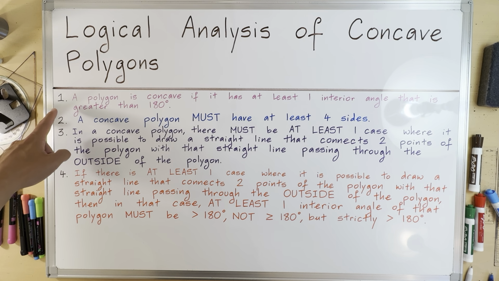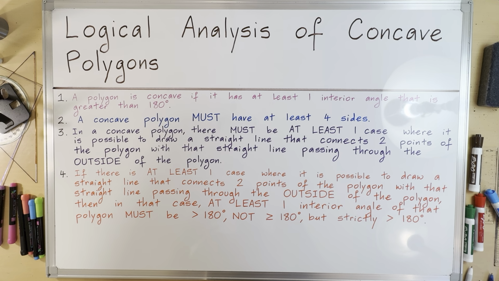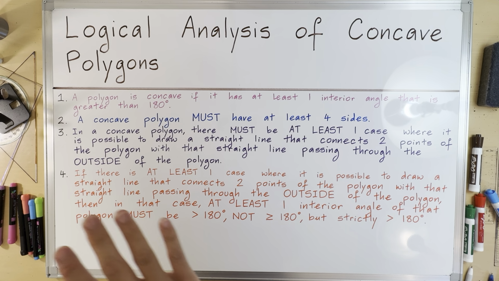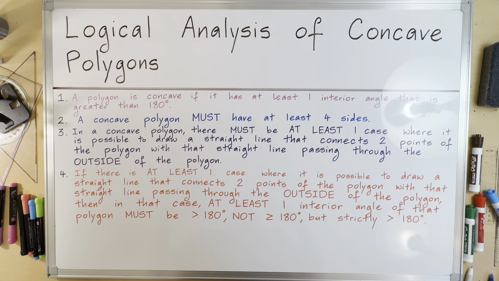So statement number 1 states that a polygon is concave if it has at least one interior angle that is greater than 180 degrees. Statement number 2 states that a concave polygon must have at least 4 sides. That's right. The reason why that is the case is because triangles can never be concave, because all their interior angles must add up to 180 degrees.